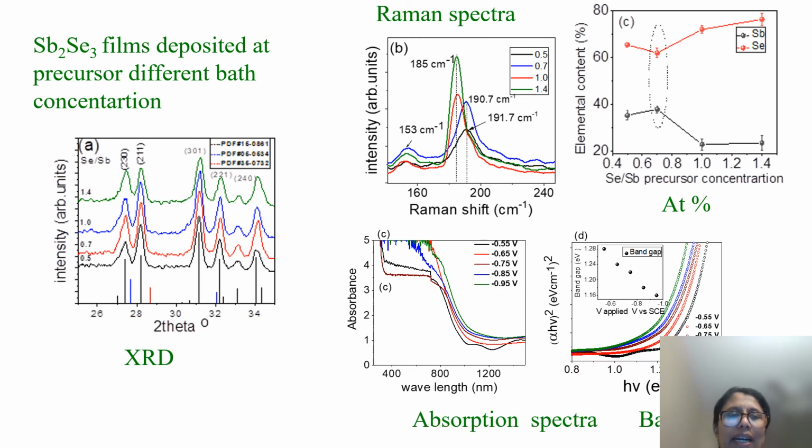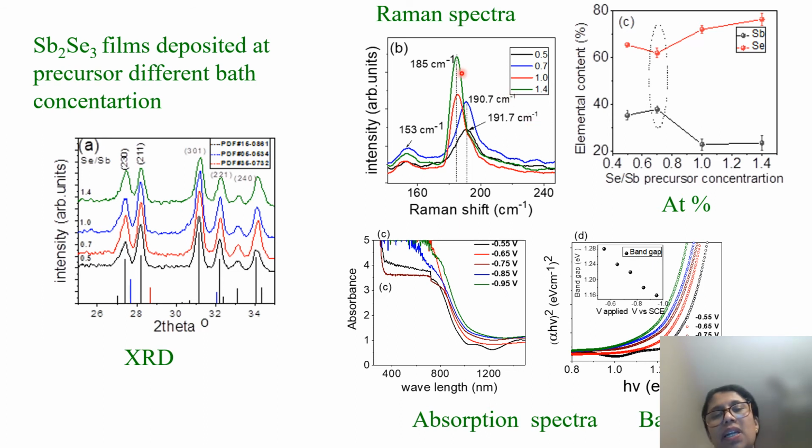This shows the XRD patterns of the films deposited at different bath concentrations. Possible impurity phases like antimony and the oxide of antimony are also included in the film. In this one, you can see that there are no impurities. All the peaks correspond to antimony selenide.